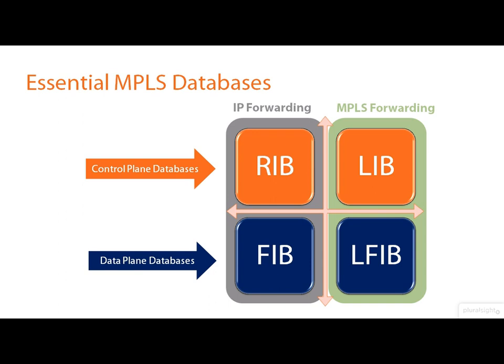Now let's move to the MPLS forwarding side, where again we have the LIB in the control plane, but the LFIB in the data plane. Okay, we'll start with the LIB. The label information base is basically a database that stores any kind of label related information. Okay? Not all that information will be put into the LFIB, similarly to maybe EIGRP, right?